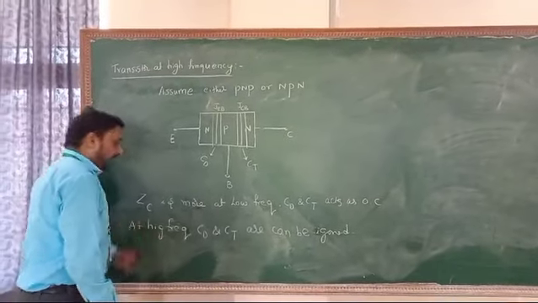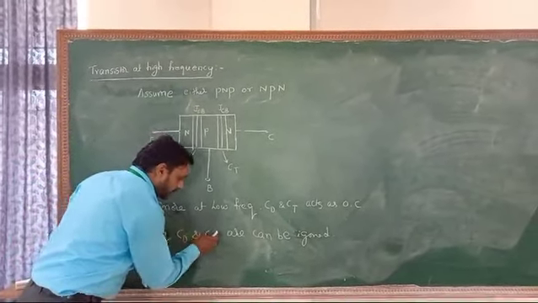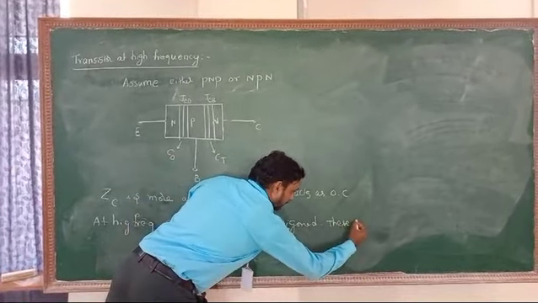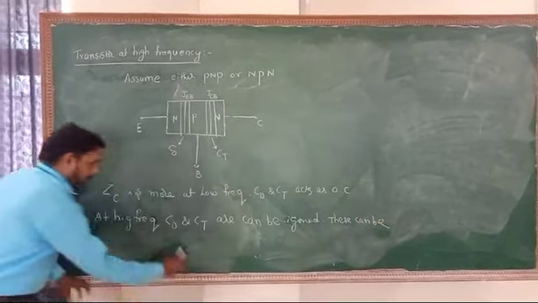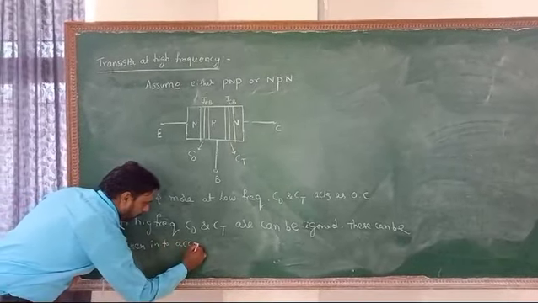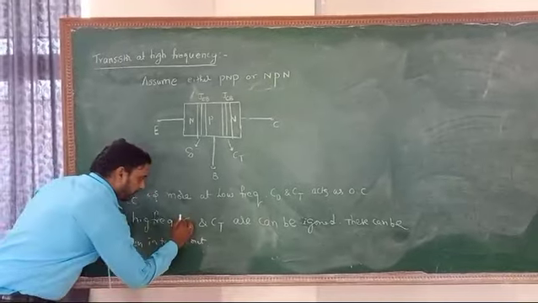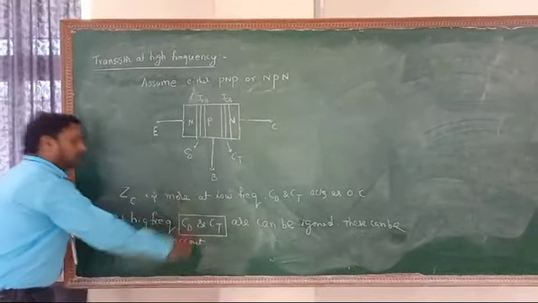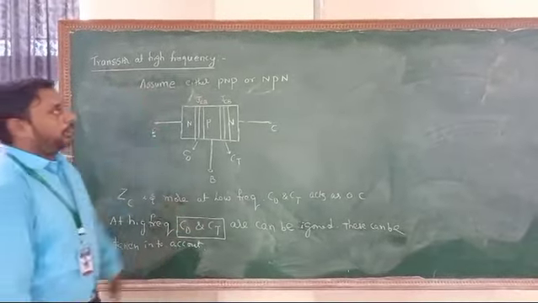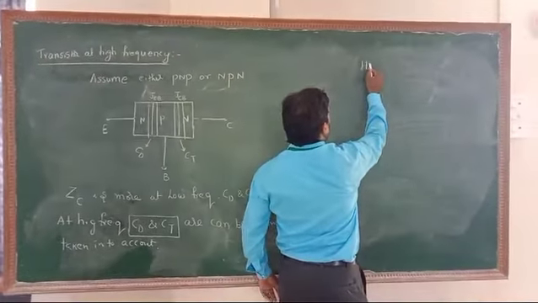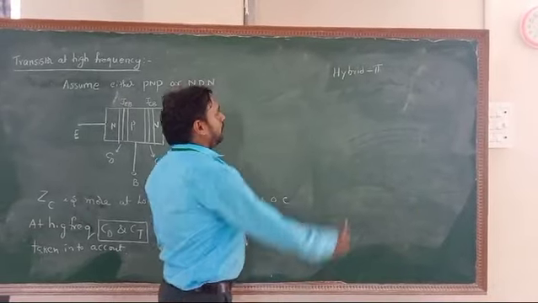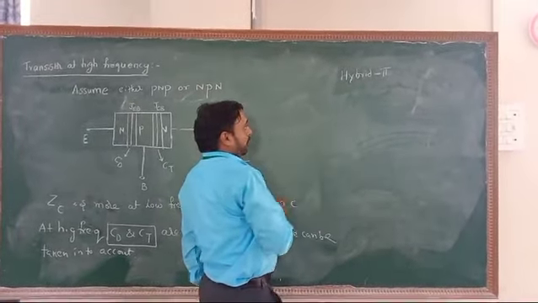So at high frequency, both diffusion capacitance and transition capacitance cannot be ignored. These can be taken into account. After considering diffusion capacitance and transition capacitance in the model, the model is called the hybrid pi model.